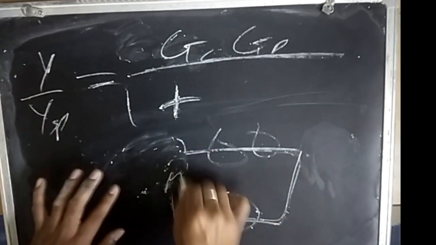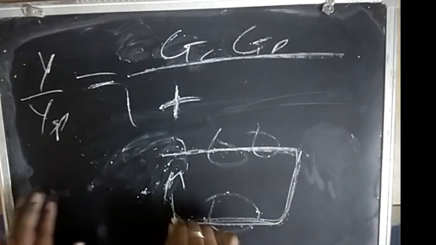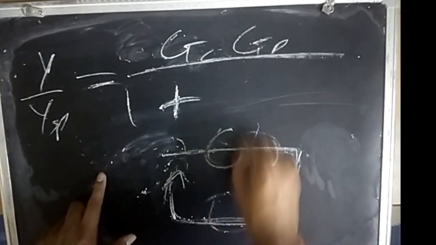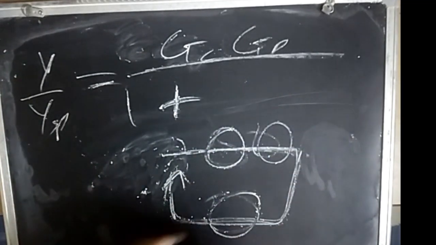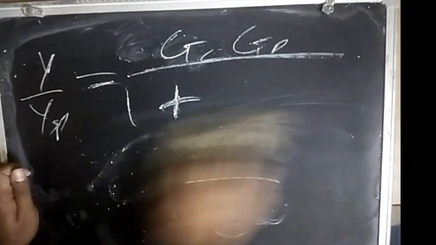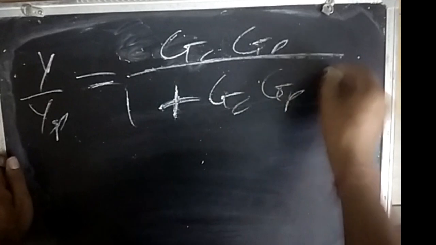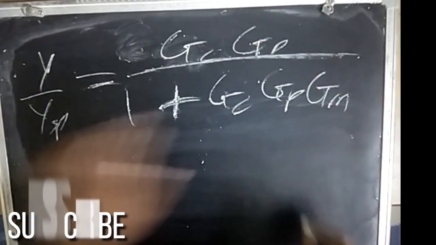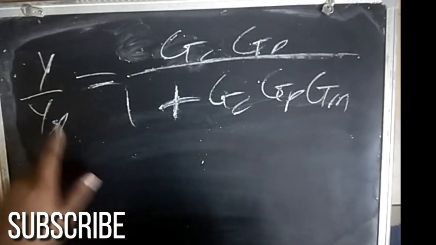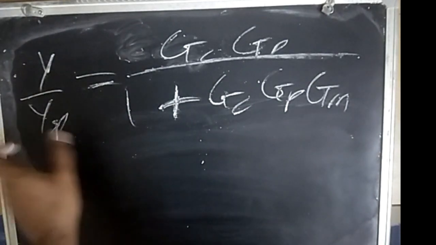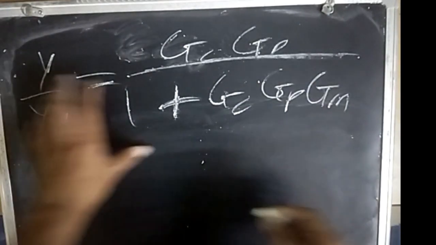We'll open this up, and we see that this goes up like here. So GC, GP and GM are in the loop here, and we will write them down. So that is 1 plus GC GP GM. M is for measurement. Why have I not taken D? Because this is servo, so YSP. Okay, so this is for that.